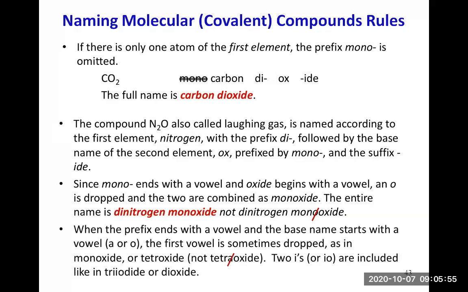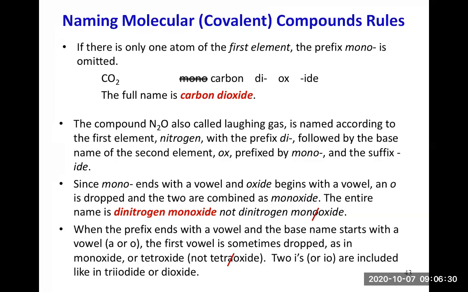And when the prefix ends with a vowel, like A or O, and the base name starts with a vowel also, like an A or an O, then the first vowel is sometimes dropped, as in monoxide. So tetraoxide becomes tetroxide. Pentaoxide, for example, would be pentoxide. So we remove the first vowel when there are two, like A's or O's. However, when there are two I's, we don't drop them because they are important.